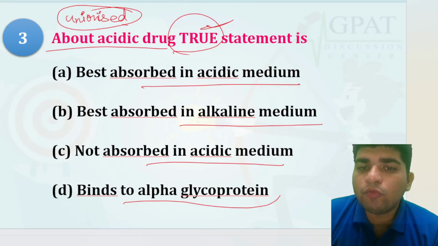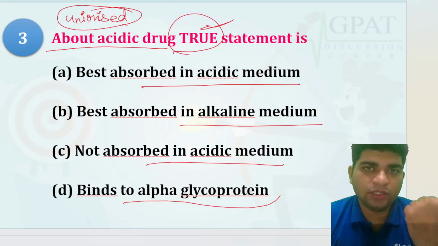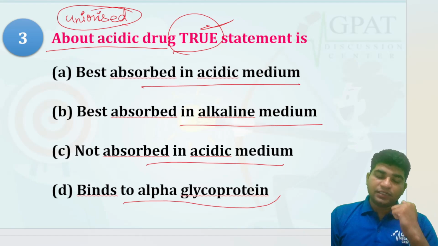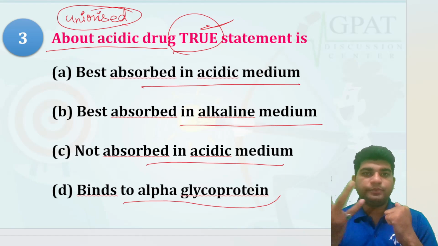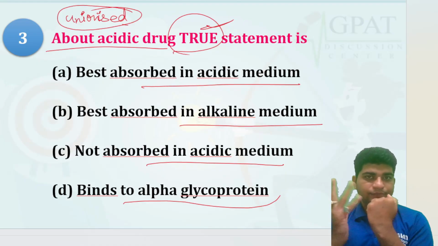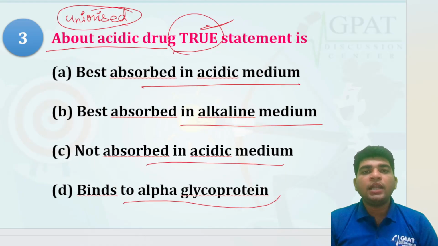And then, which kind of drug will be in the unionized form? For example, a drug that is weakly acidic in nature and is in the same medium, that is the acidic medium. This combination will be the unionized one.